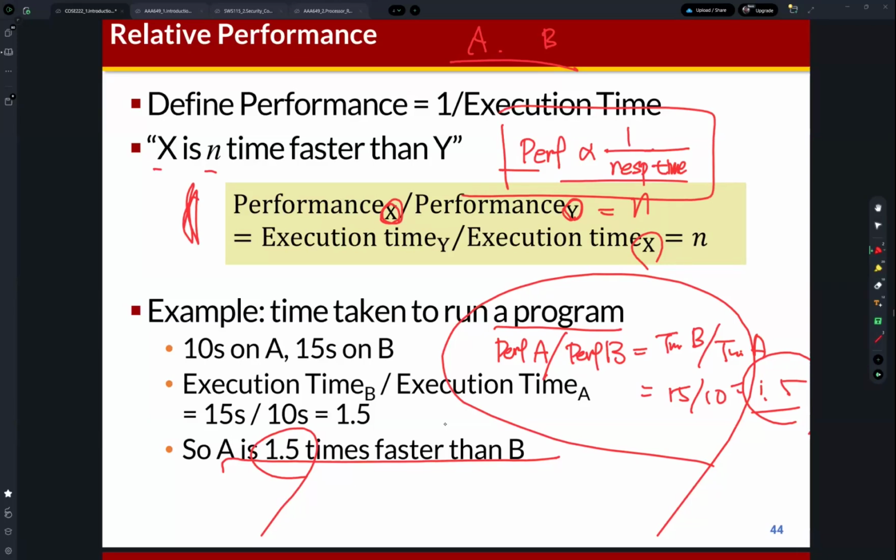This is the important thing: the performance of a computer system is inversely proportional to the response time or latency. To measure the performance of a computer system, we compare it with another computer system or a baseline computer system.